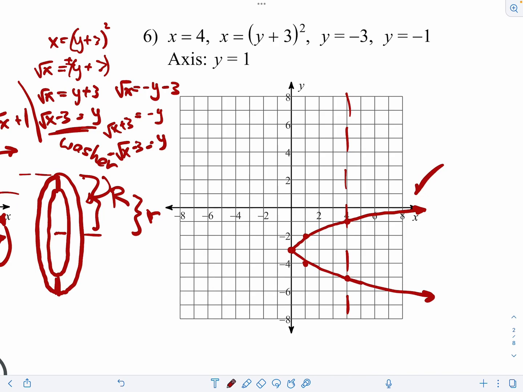This is the function x equals y plus 3 squared. Now, if you have a better option for graphing it, like you could make a simple table, that works too. I just wanted to share that option with you to create that function.